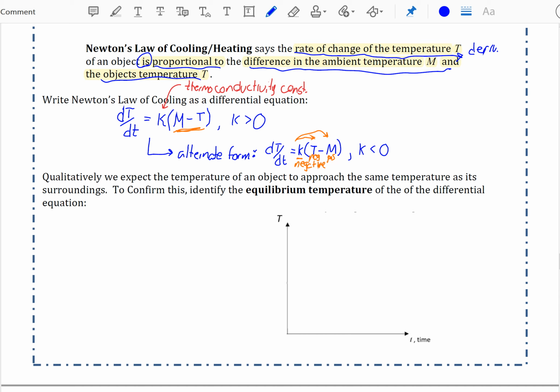Qualitatively, we expect the temperature of an object to approach the same temperature as its surroundings. To confirm this, let's identify the equilibrium temperature of the differential equation.